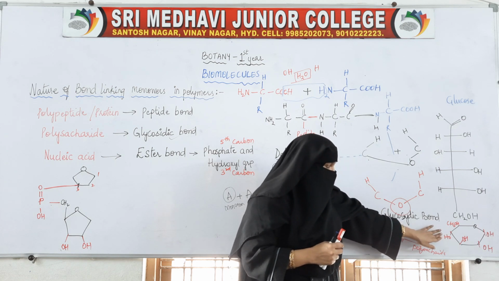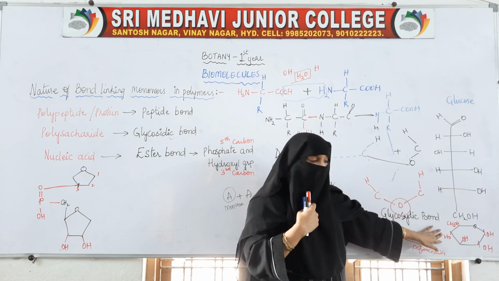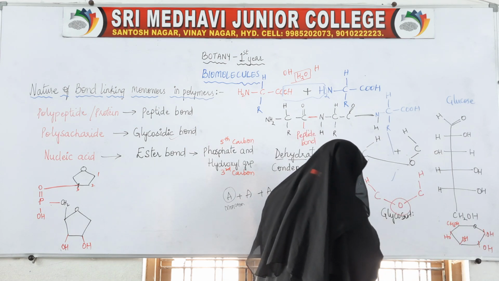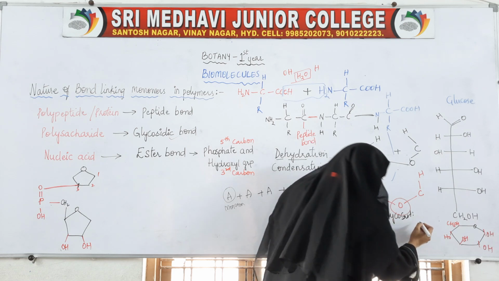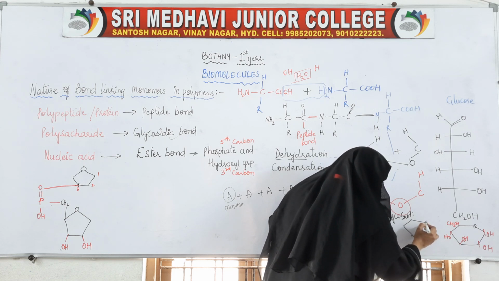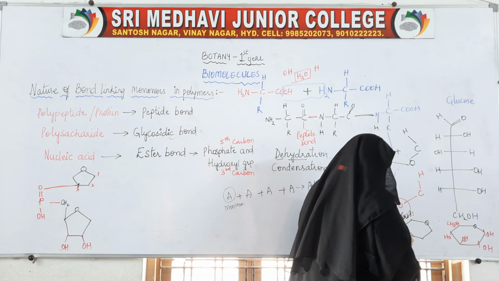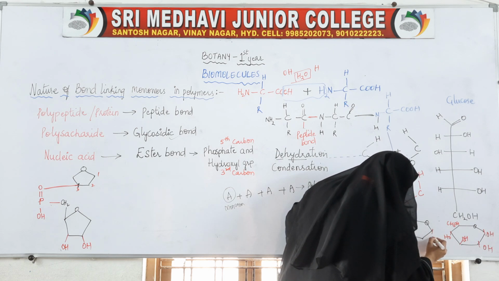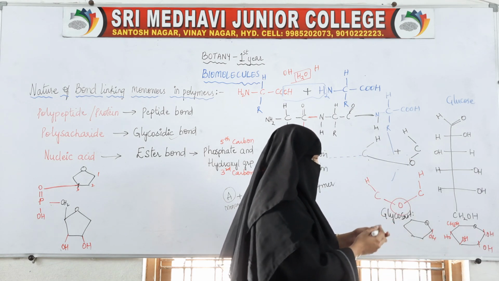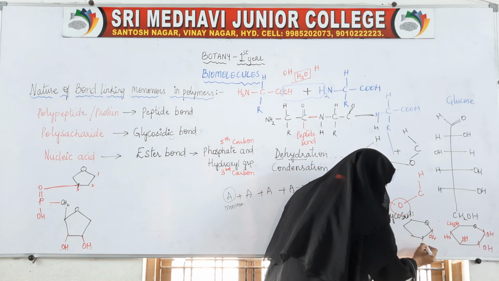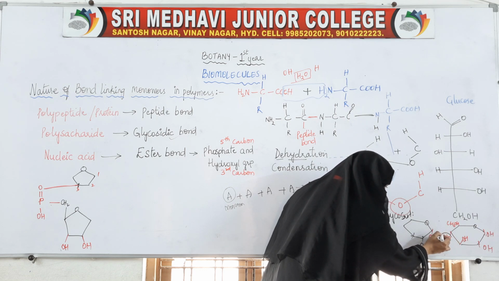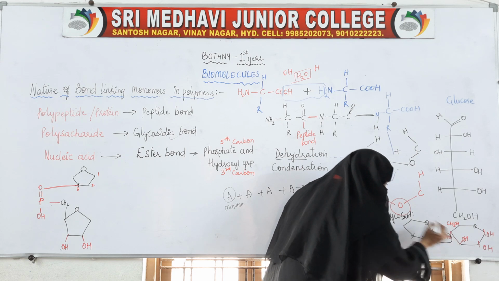If we see the structure, this is the cyclic structure of glucose. This is one glucose. I'll write another glucose. Here will be OH, this is also OH, the same structure. So, what happens? From here OH is coming out, from here H is coming out.